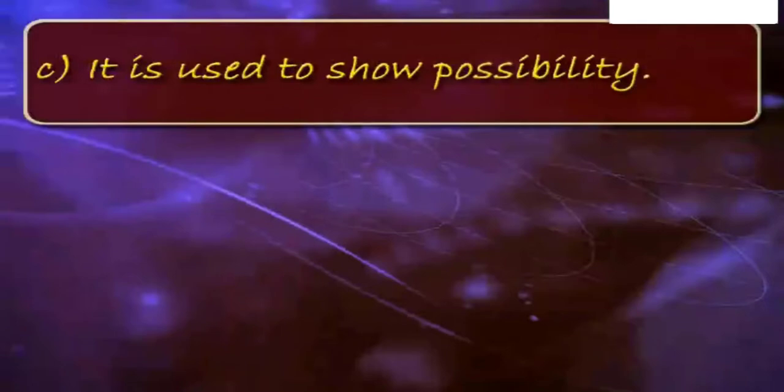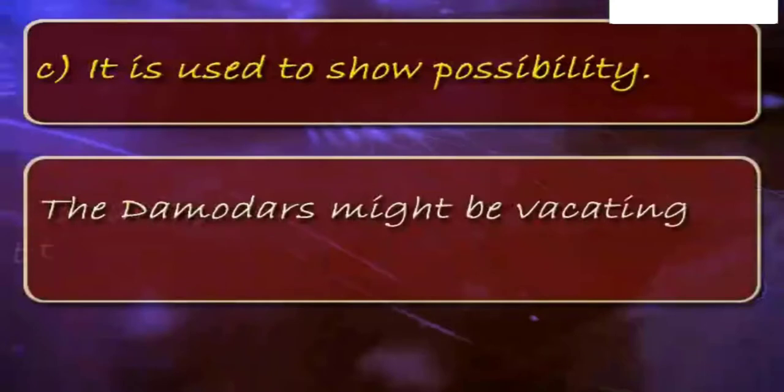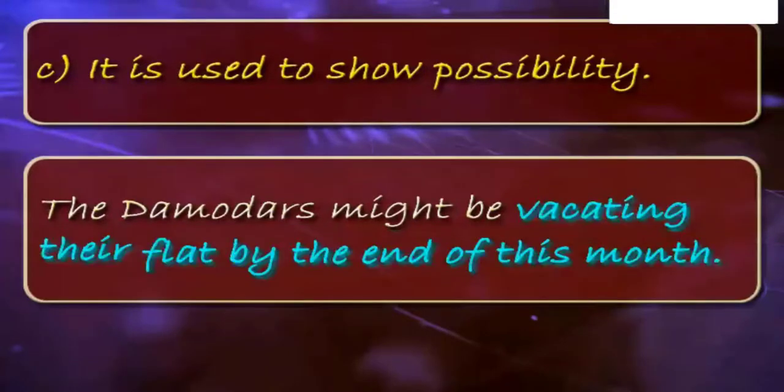C. It is used to show possibility of something. The Damodars might be vacating their flat by the end of this month. Here, might is used to show the possibility of the Damodars vacating their flat by the end of this month.